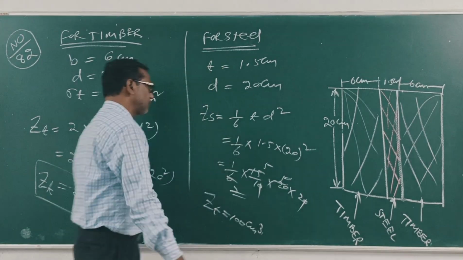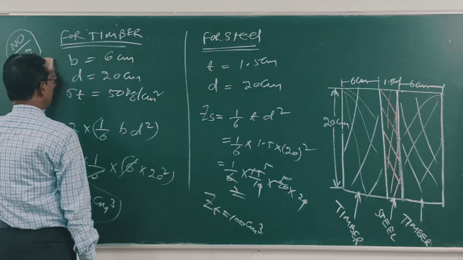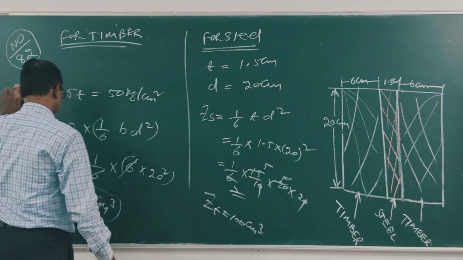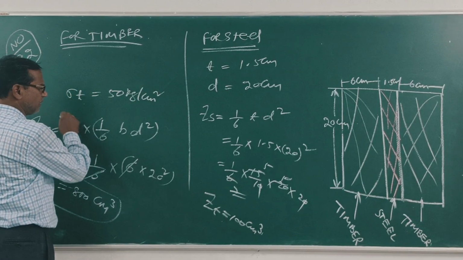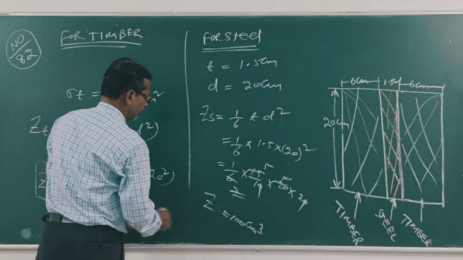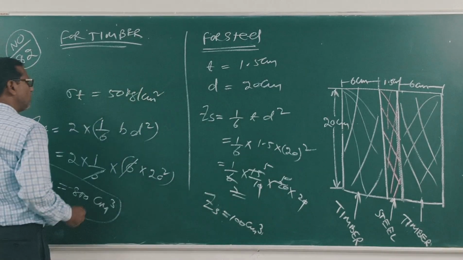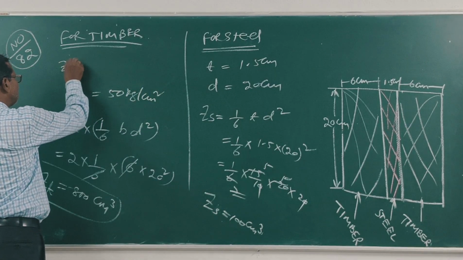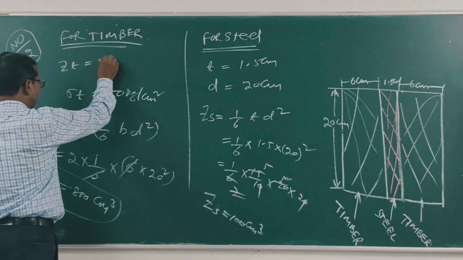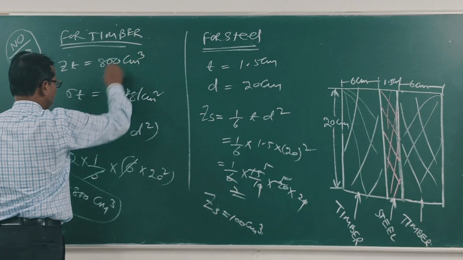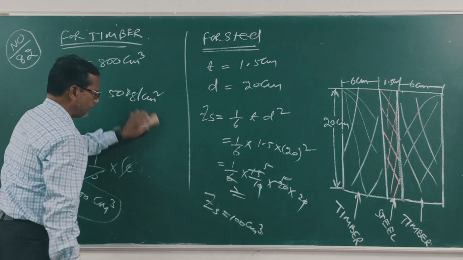Right? So for timber, ZT is equal to 800 cm cube and sigma T is 50 kg per cm square.